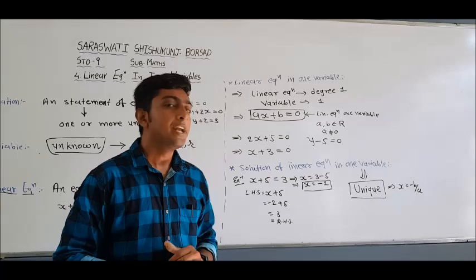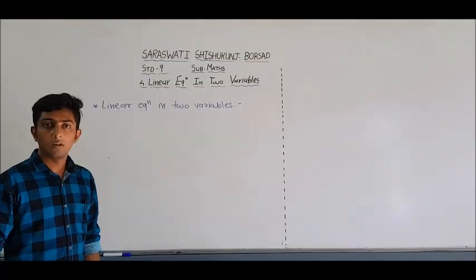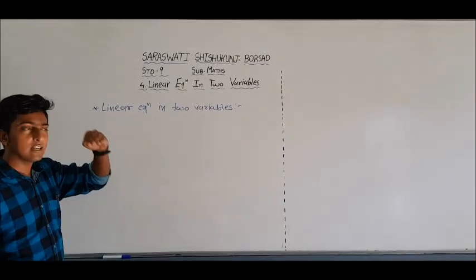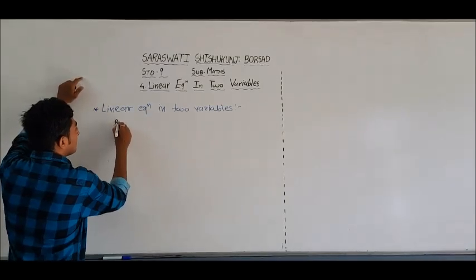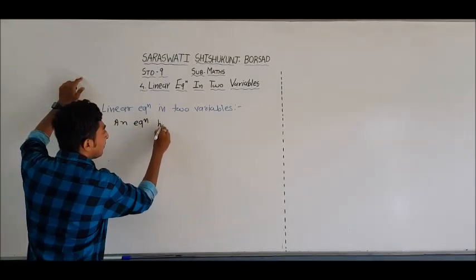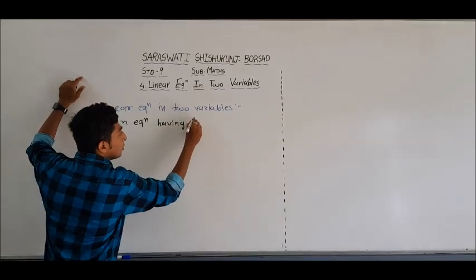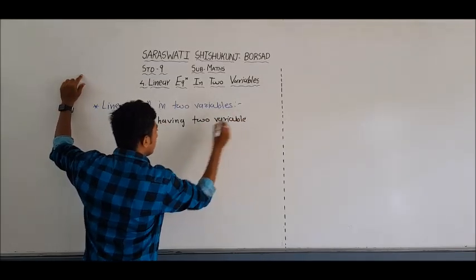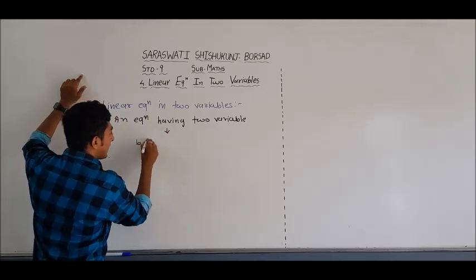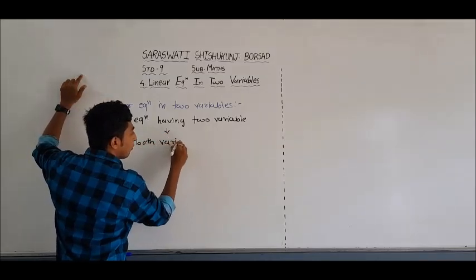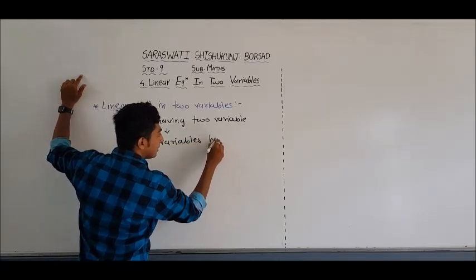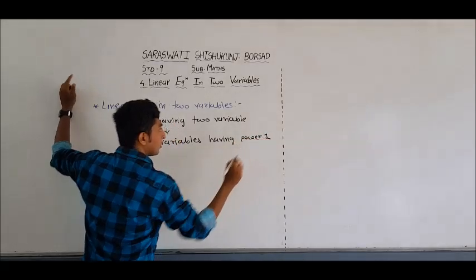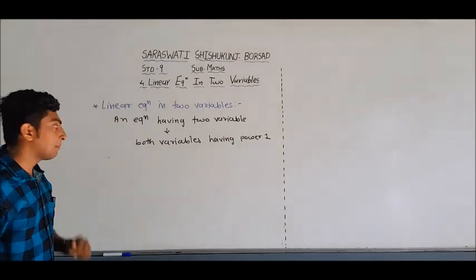Now let us talk about linear equation in two variables. Let us recall it. A linear equation is an equation having two variables. Another thing is both variables have power 1.